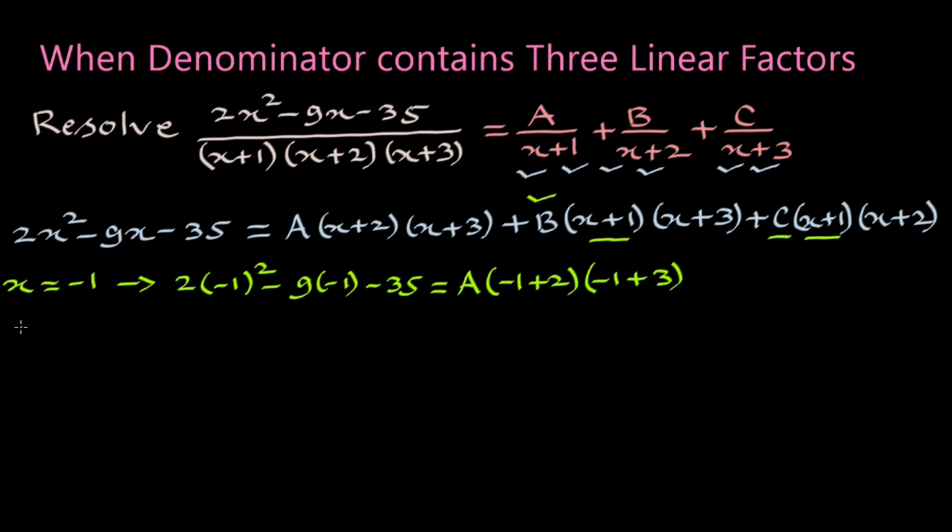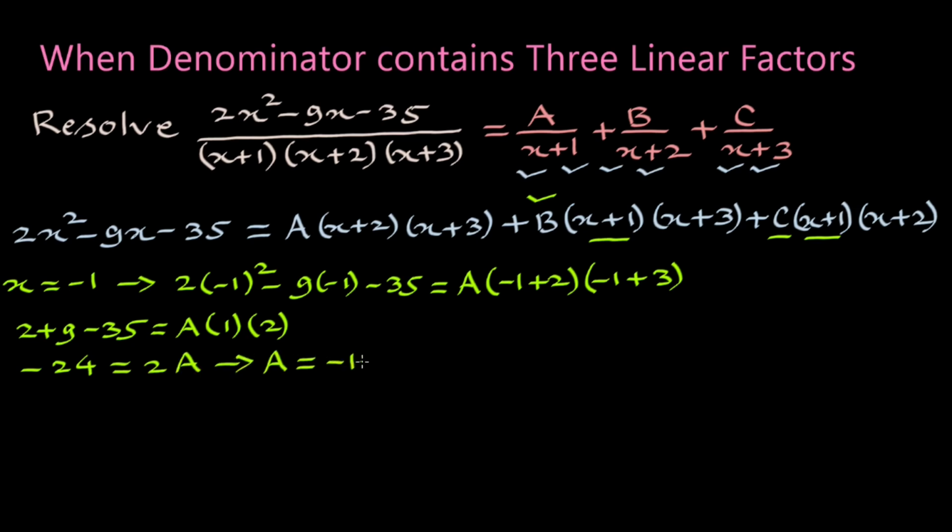This will be 2 plus 9 minus 35 equals A into 1 into 2, minus 24 equals 2A, A equals minus 12.